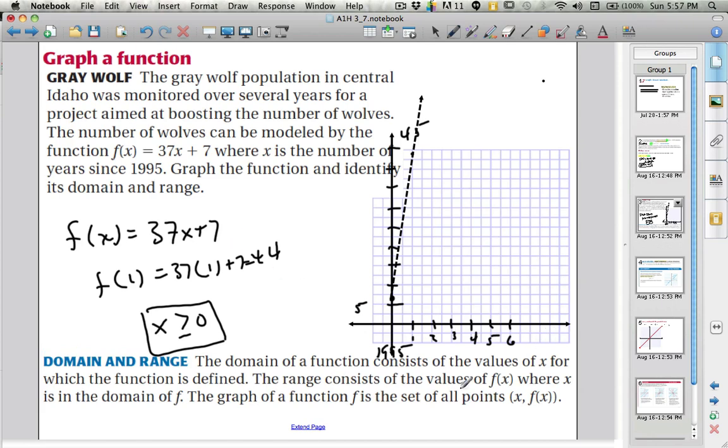And then when we look at the range, which would be all the y values, or output values, the smallest it could be is 7, so I know that y is greater than or equal to 7. Okay, so I've graphed the function and I've identified its domain and range.